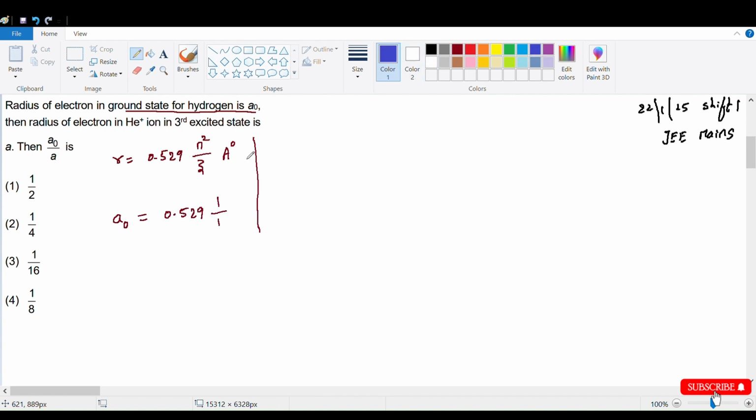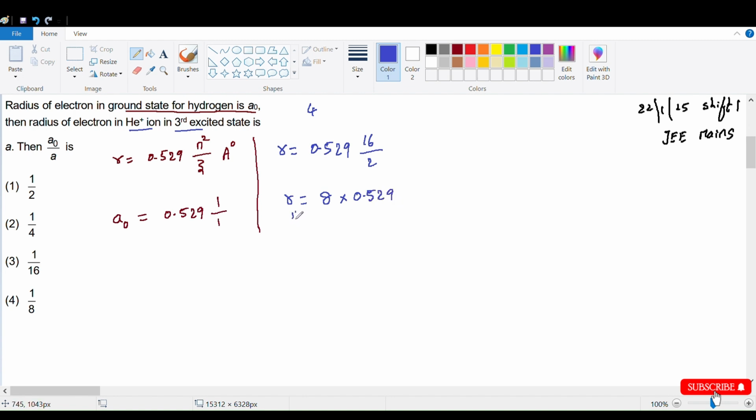Now next, the radius of the electron in helium's third excited state. So again R is equal to 0.529, and third excited state means the fourth state, so 4 square is 16, by Z value for helium which is 2. So R is equal to 8 times 0.529.